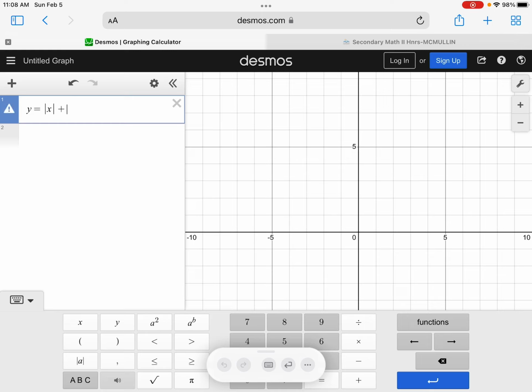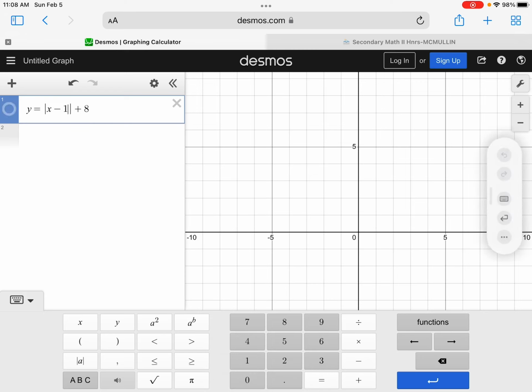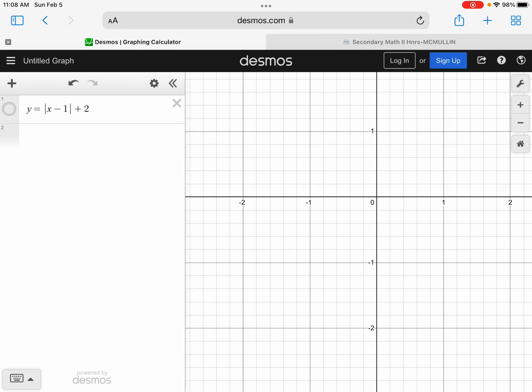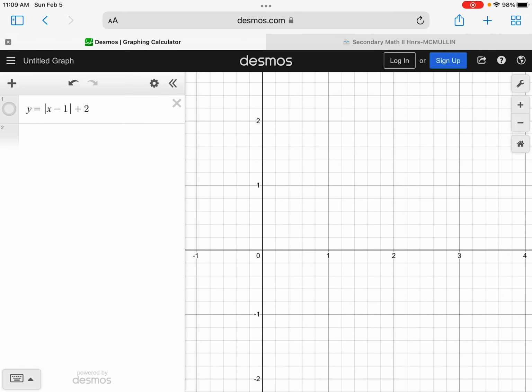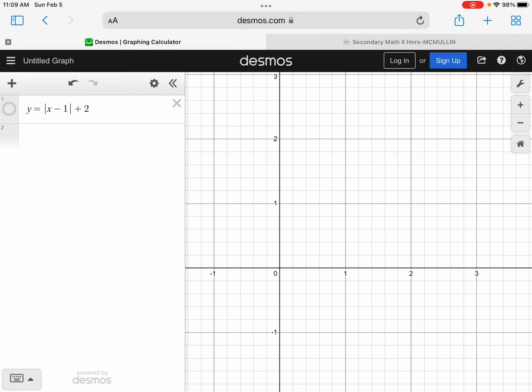Plus, let's see, plus 8, and let's do this one here, x minus 1. Actually, let's make that smaller. Let's make that 2. Okay, so I want you to go ahead and think of where, first of all, the first question you ask is whether this opens up or down. And yep, it opens up because it's a positive. Second thing to figure out is where your vertex is. And your vertex here is going to be positive 1, comma 2.